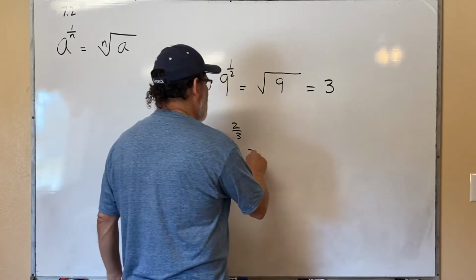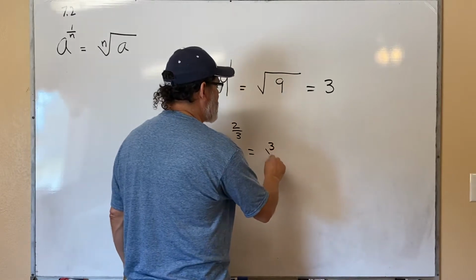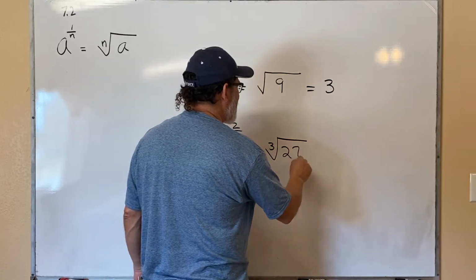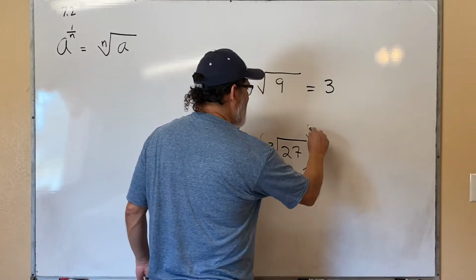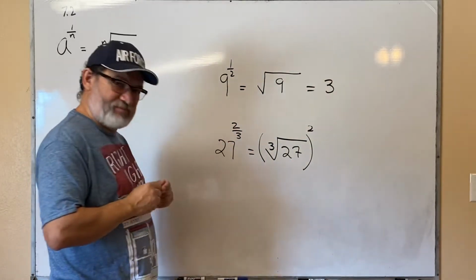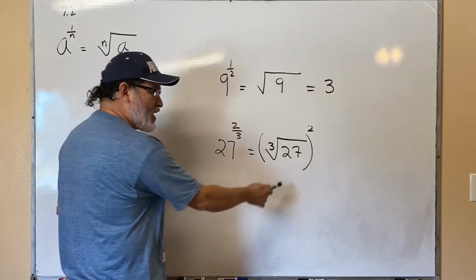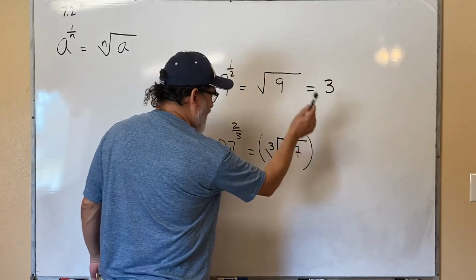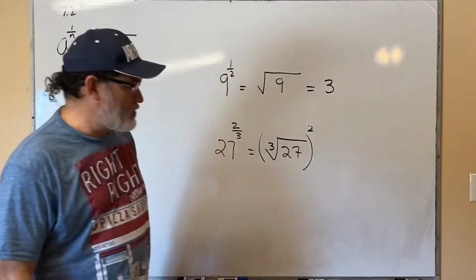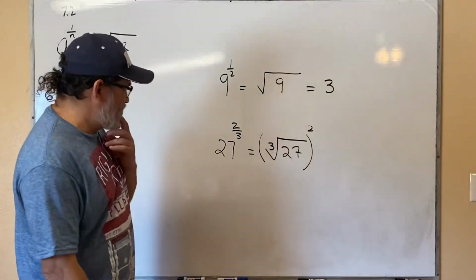So this becomes the cube root of 27, and then the power raised to the second power. We always take care of the index before raising the power. Always.